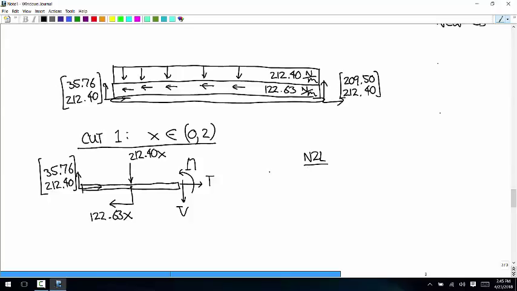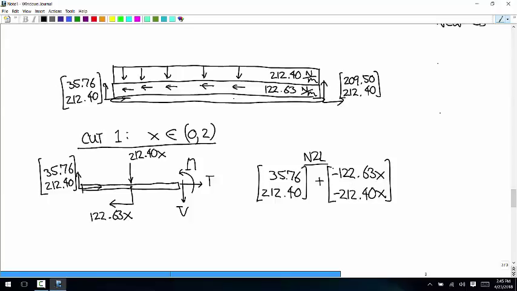Newton's second law says 35.76, 212.40 plus, I'll put these all in a single vector, negative 122.63x and negative 212.40x plus T, negative V is equal to zeros.